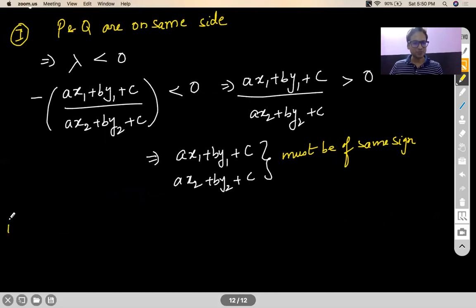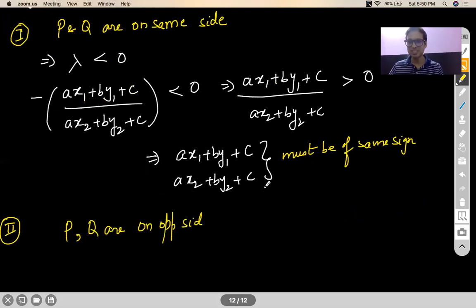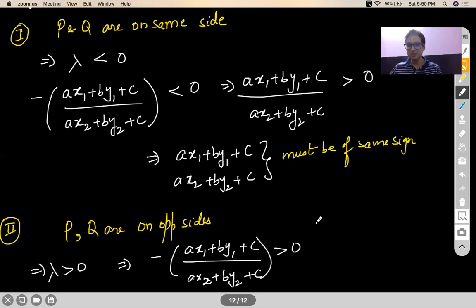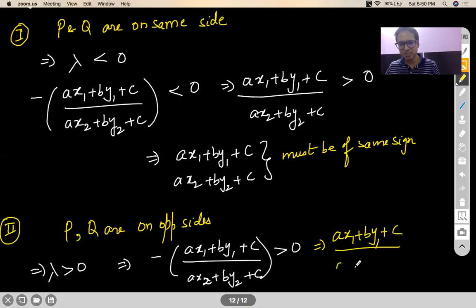In case number 2, if P and Q are on opposite sides, then remember lambda would be positive. Lambda would be positive means negative (ax1 + by1 + c) by (ax2 + by2 + c) would be positive, correct? If you multiply with a negative sign, you will end up getting (ax1 + by1 + c) by (ax2 + by2 + c) less than 0.